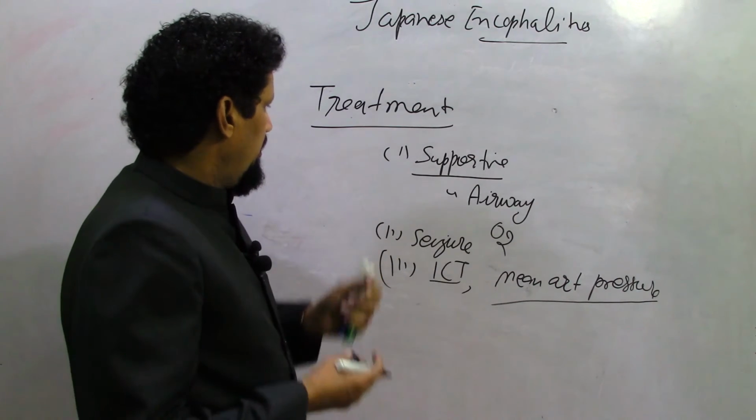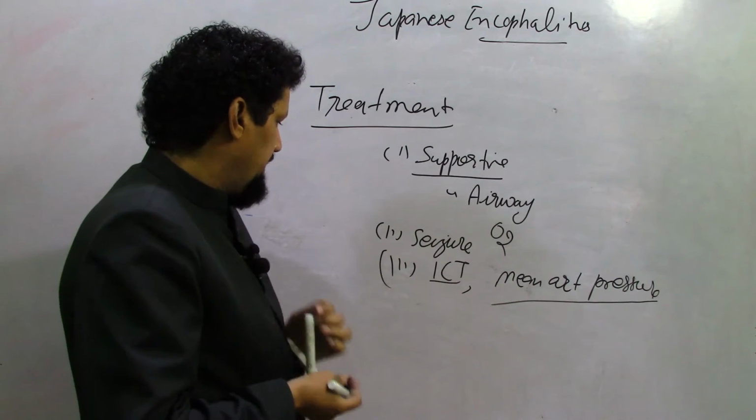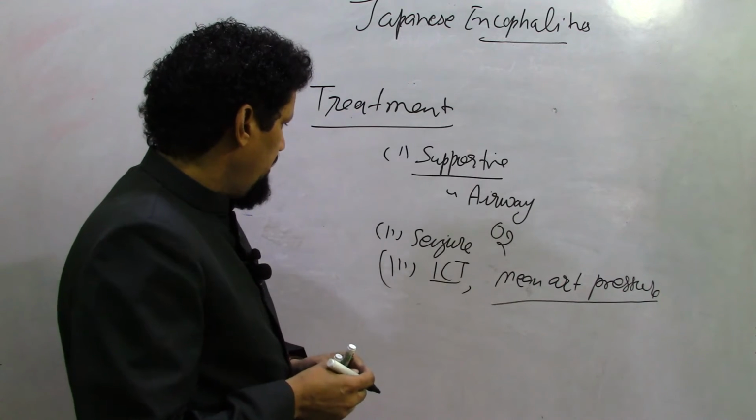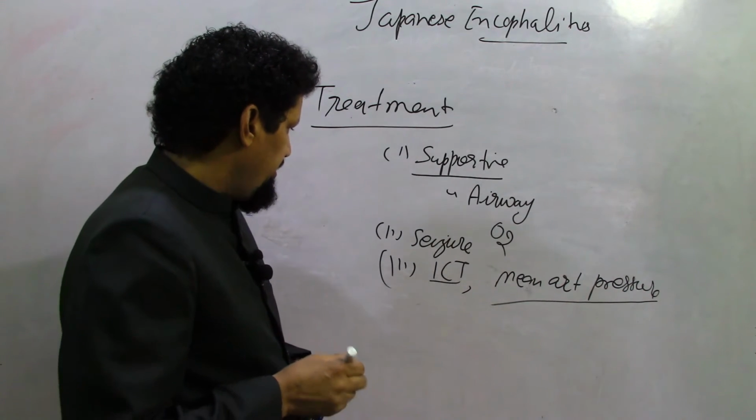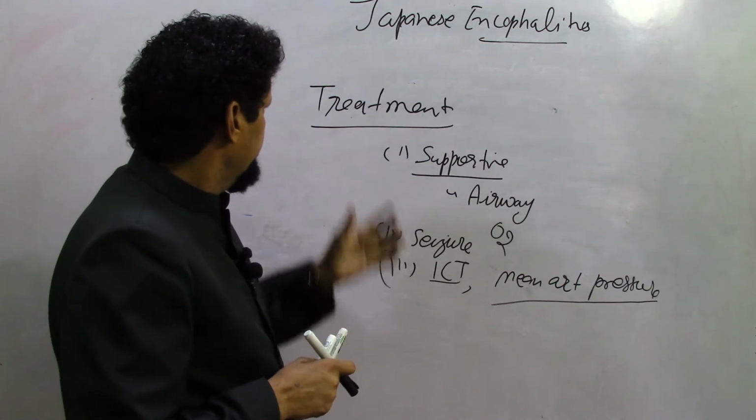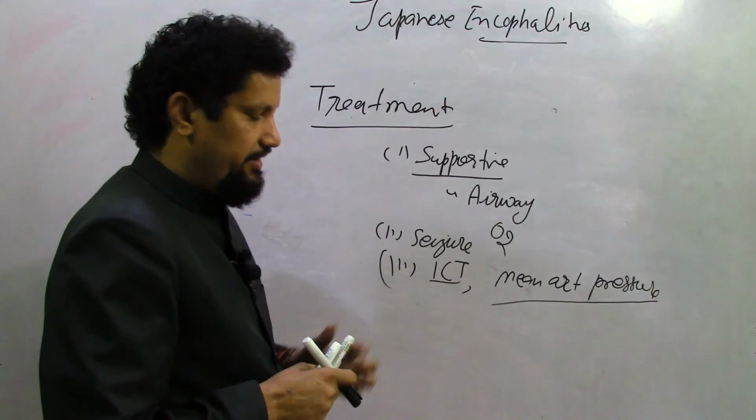The control of the seizures and ICT are the mainstay of the treatment of the Japanese encephalitis.